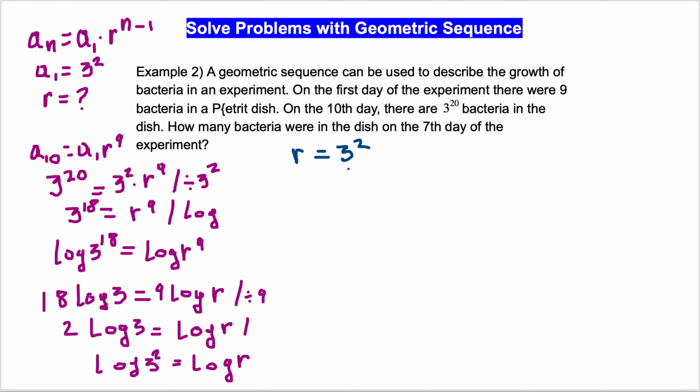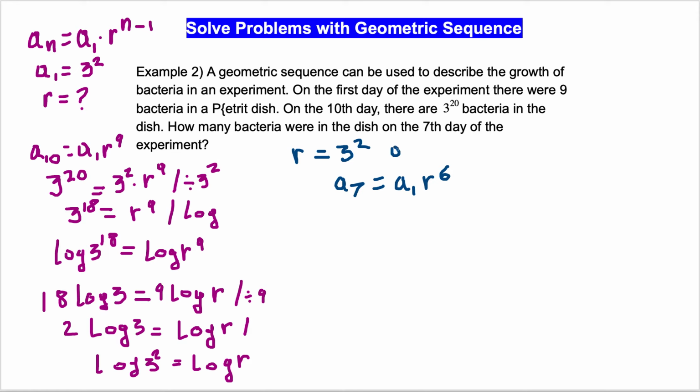But what do we need to find now? We need to find the 7th term, a sub 7, which is equal to a1 times R to the power 6, one less than the index. Now we have enough elements, because a1 is 3 squared and the common ratio is 3 squared.